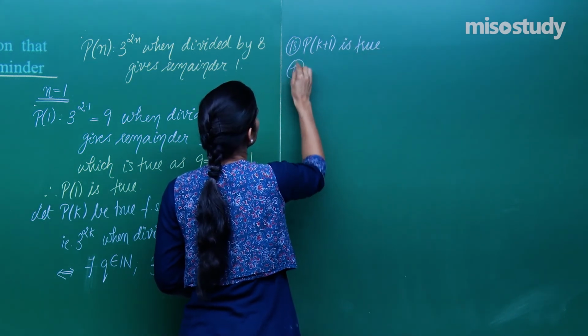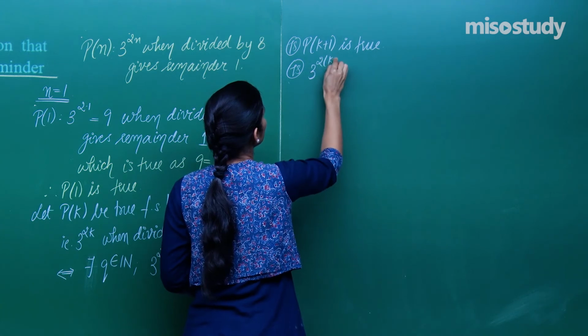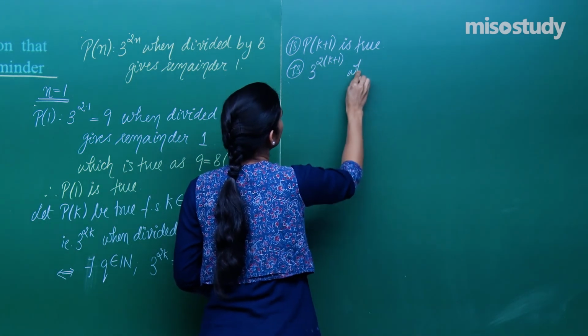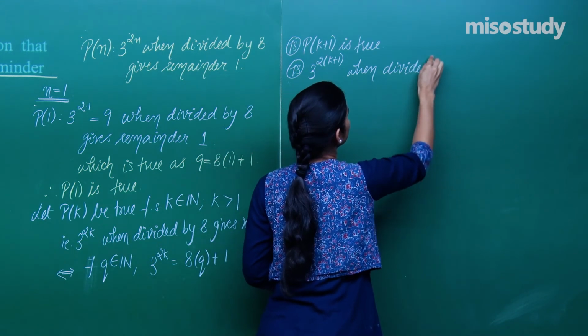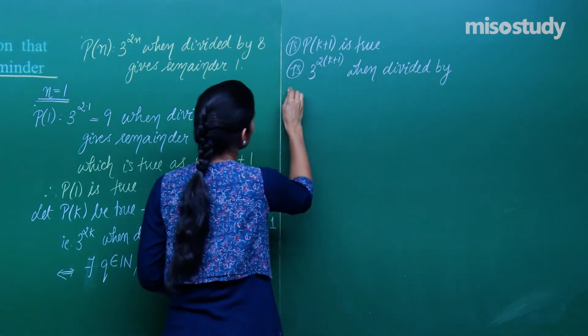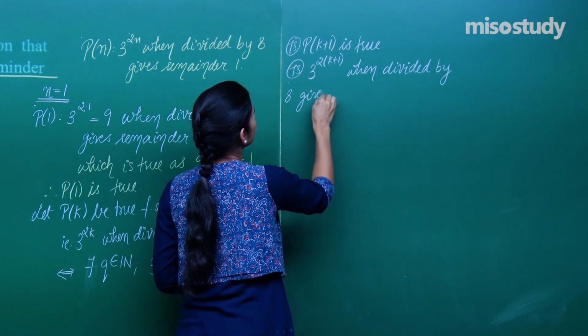That means I have to show when 3 to the power 2 into k plus 1 is divided by 8, it gives remainder 1.